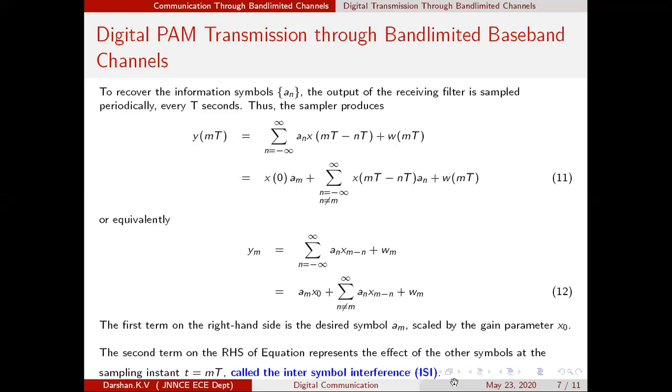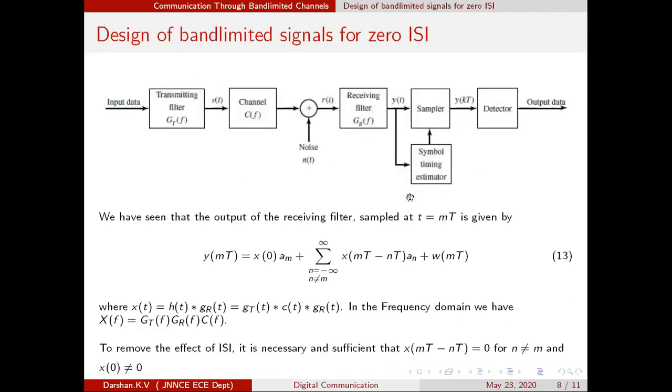This undesired component itself is called inter-symbol interference. So at the output sample, you are very much intended in the first term, and the second term is not required. This unintended term is called the inter-symbol interference.